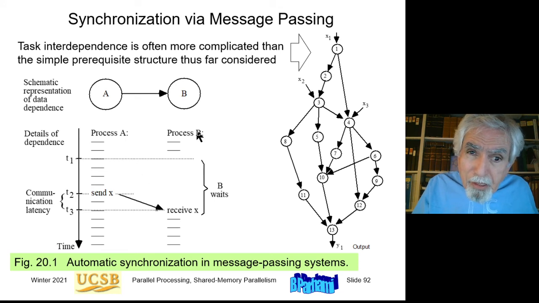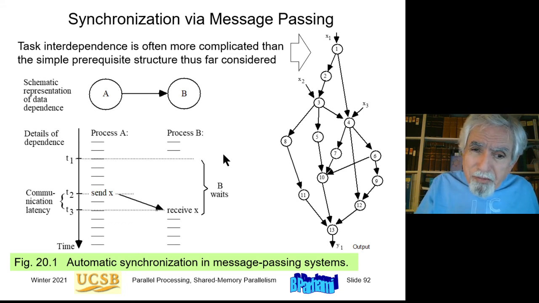Here, B is dependent on A, but it doesn't have to wait until A is completed before it does its job. It does part of its job, can do it even before A starts. Then it has to wait for only this part of process A to complete until it receives X, and then the rest of A is irrelevant as far as process B is concerned.